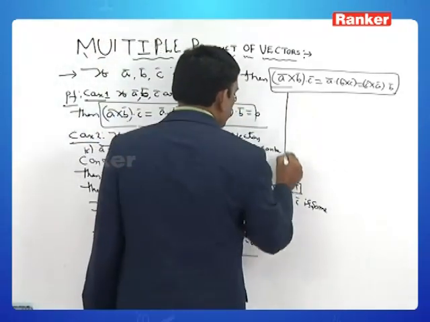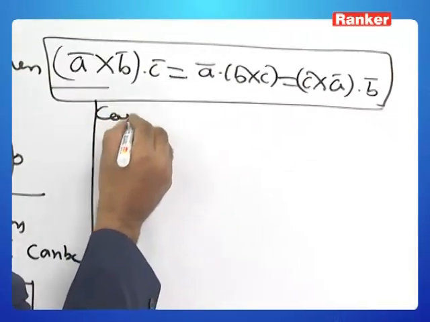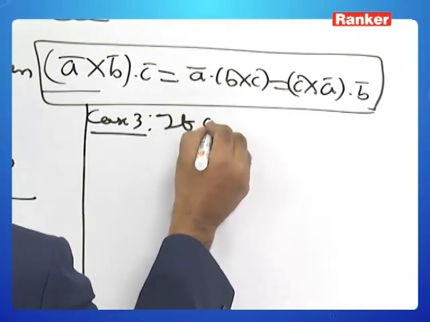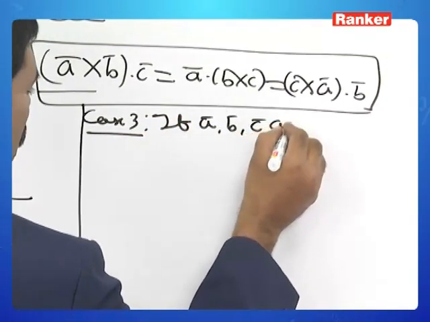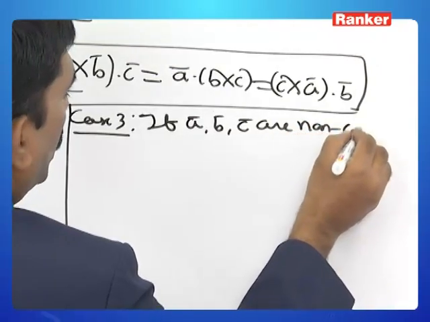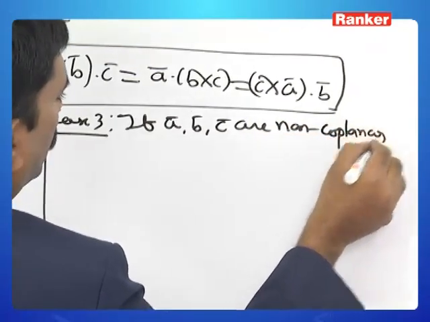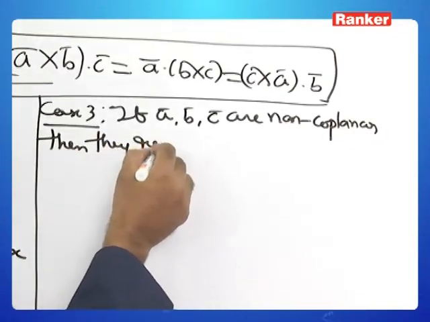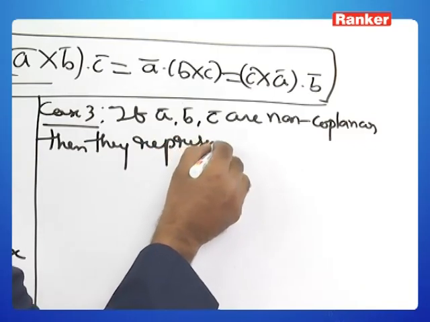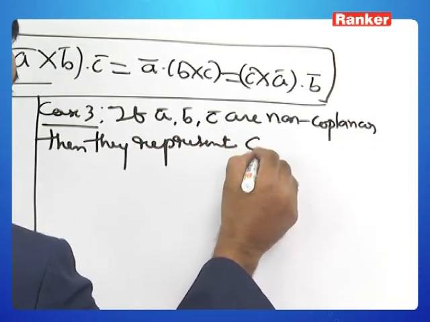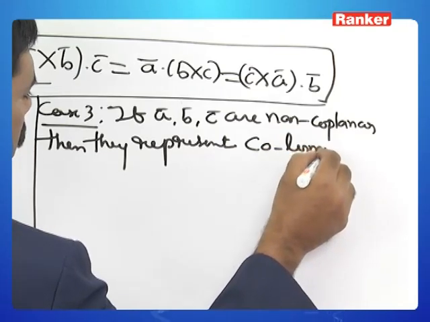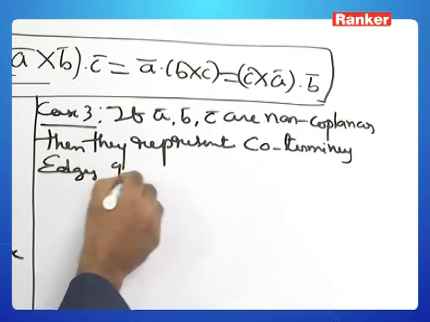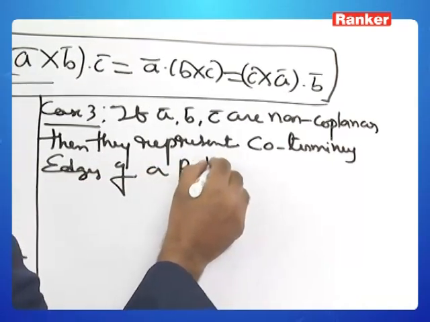Case 3: if A bar, B bar, C bar are non-coplanar, then they represent coterminous edges of a parallelepiped.